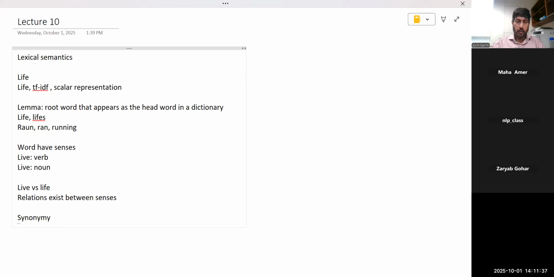So this concept of synonymy: two words are similar, not identical, but in general similar in meaning.